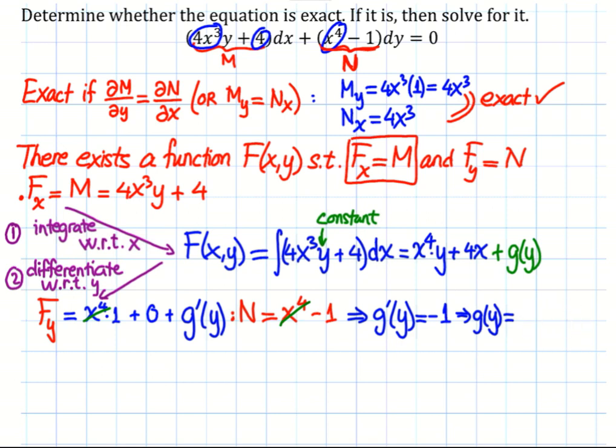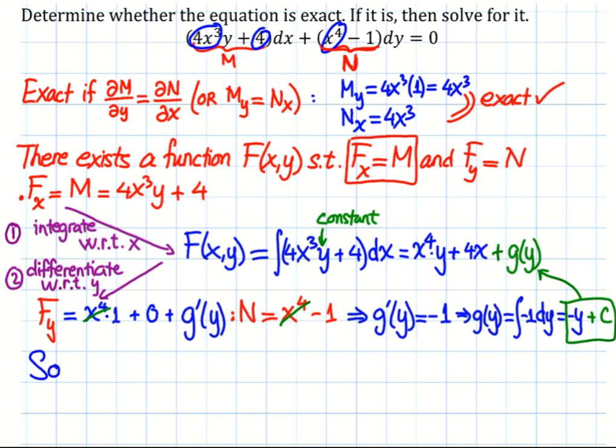Actually, let's not skip that step. So that's what we have. Now we have g of y equal to -y plus c. We can substitute that into g of y, and we have the solution.